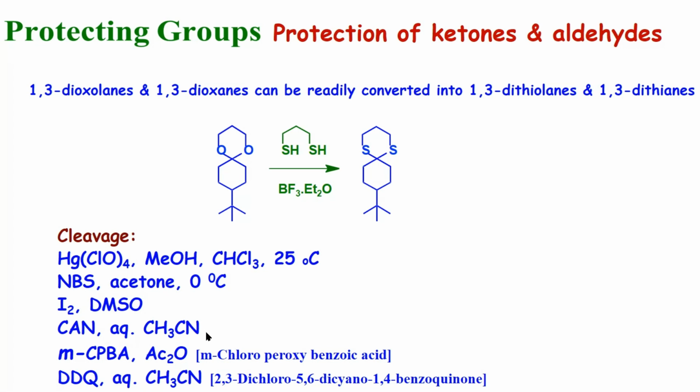The cleavage of dithianes can also be achieved by using metachloroperoxybenzoic acid in acetic anhydride, or by using 2,3-dichloro-5,6-dicyano-1,4-benzoquinone, that is DDQ, in aqueous acetonitrile.